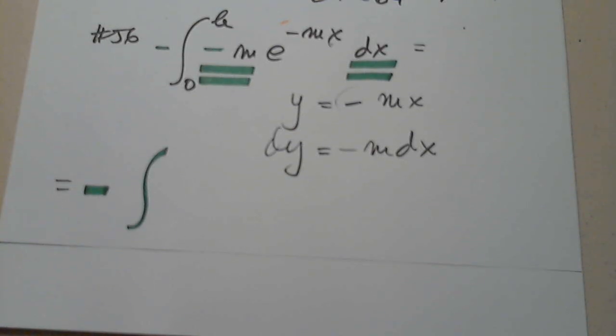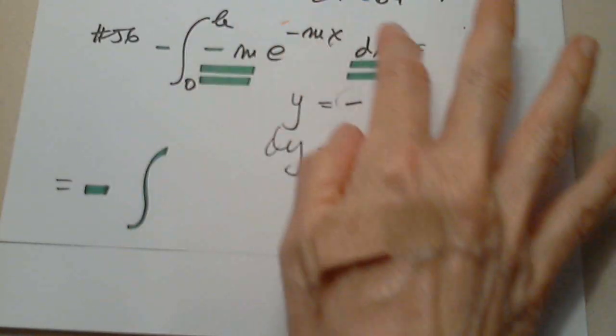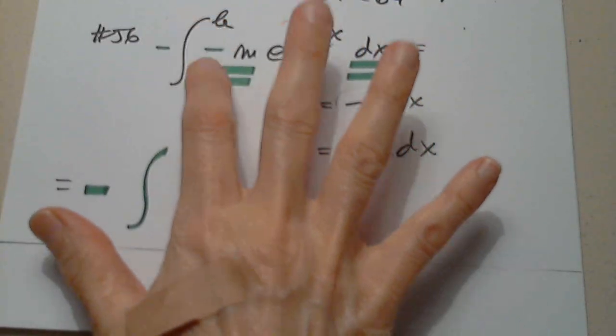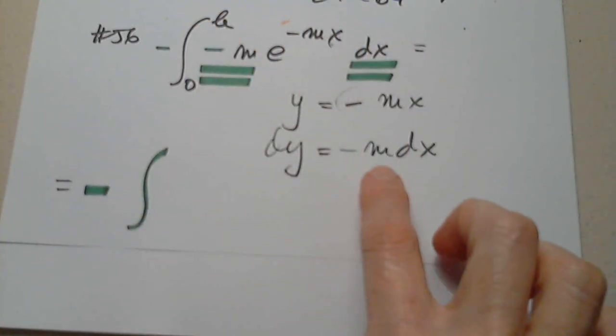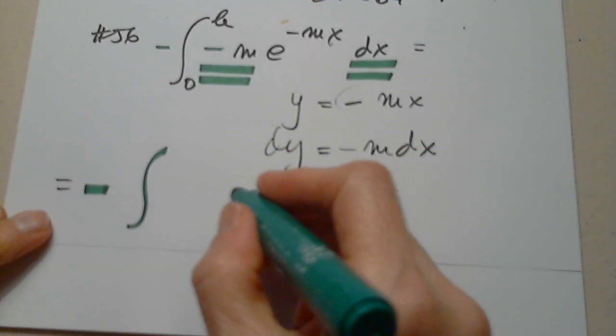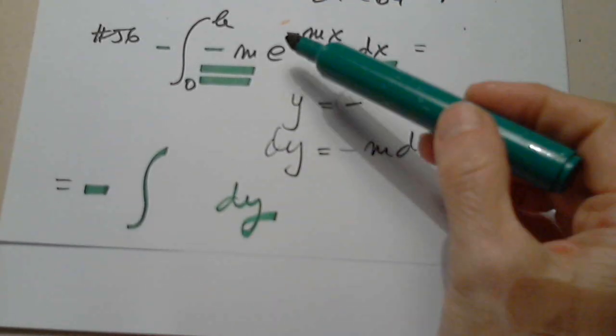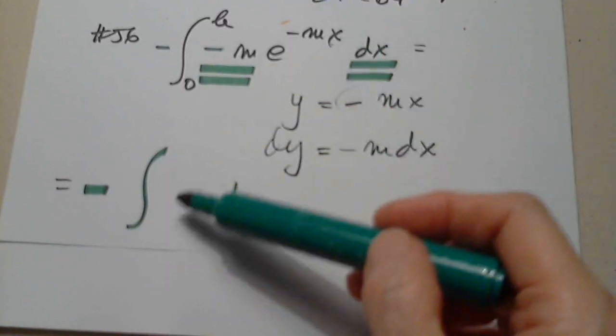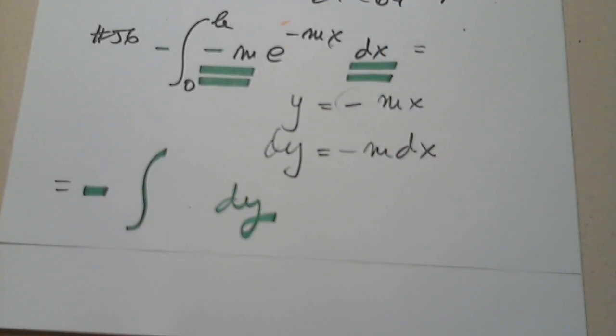Good. So let's see what we have inside the integral, and then we'll find the limits of integration. So negative m and dx, negative m and dx, that's dy. And e to negative mx, do not copy anything in here as x and y in the same integral.